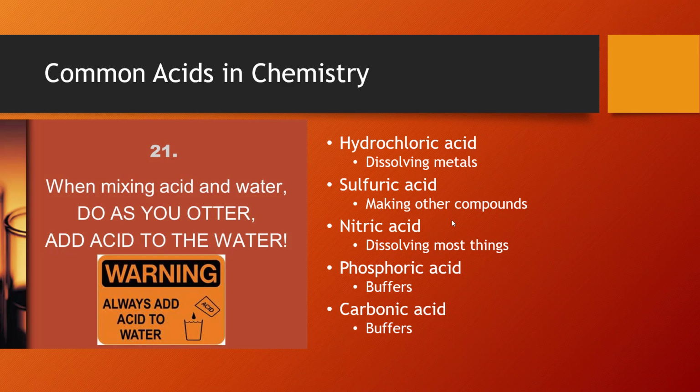In fact, the nitrate ions are really good if you're using metals. You'll see hydrochloric acid for dissolving things like iron, but nitric acid, yeah, it can dissolve most things. It just also gives off a toxic fume when it does so. So, be careful. Phosphoric and carbonic acid are both used in buffers, and we're not going to get into those too much, but if you ever do, just look back to these.